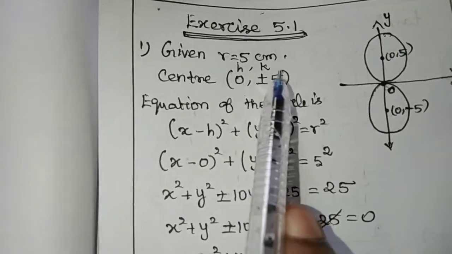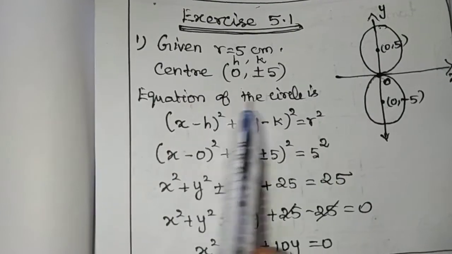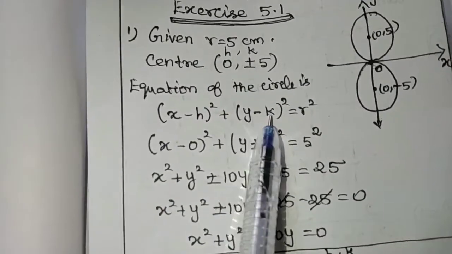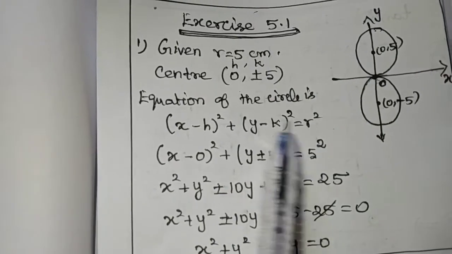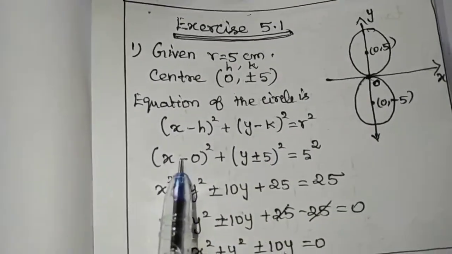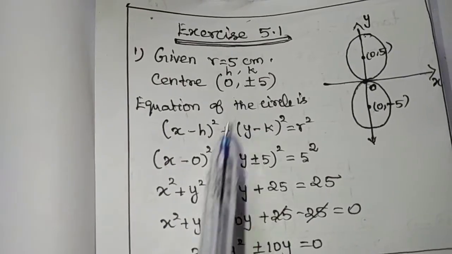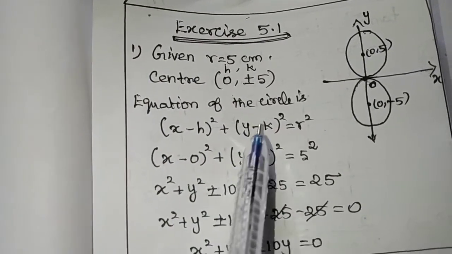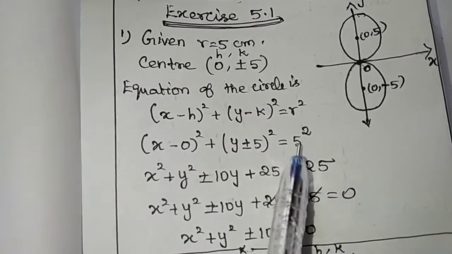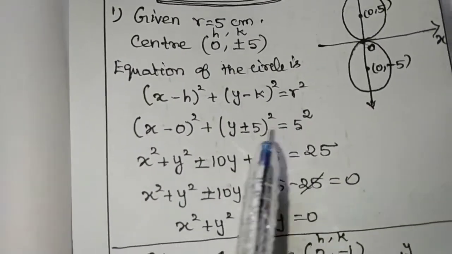Center I will take as h, k. The equation of the circle in standard form: x minus h whole square plus y minus k whole square equal to r square. With h equal to 0 and k equal to plus or minus 5: x minus 0 whole square plus y minus k whole square, equal to 5 square.